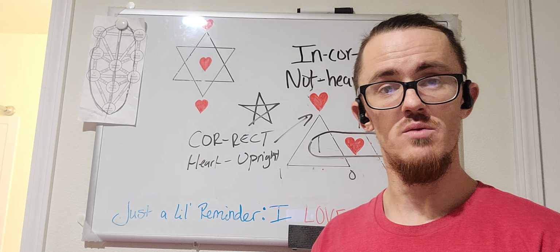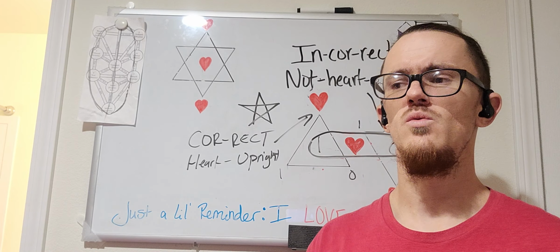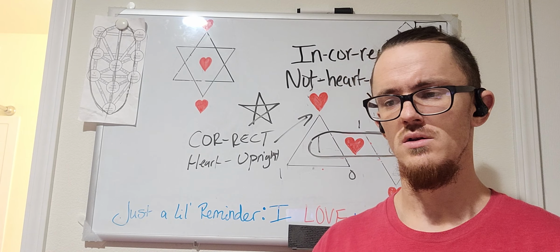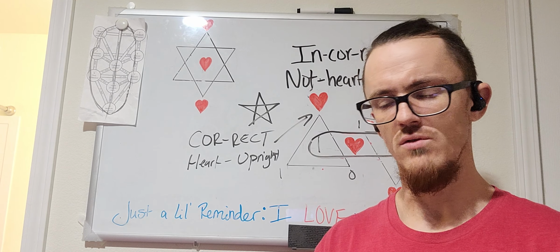Today's topic is going to be the symbolism again of the Star of David, a little bit of language breakdown, and tying things in with the staff of Hermes. We talked about grammatical and physical logic.